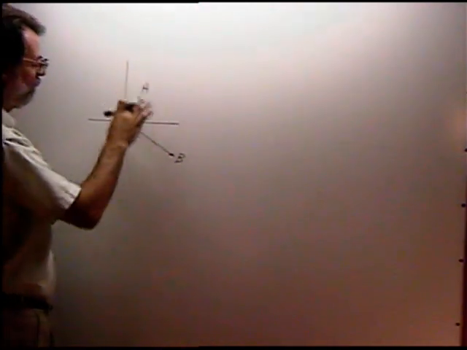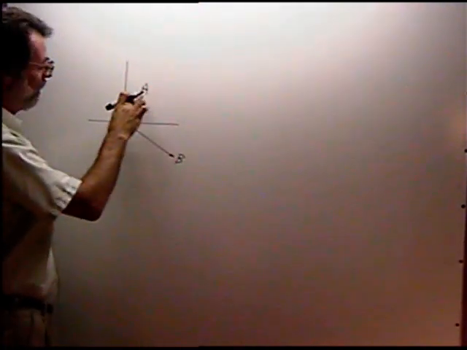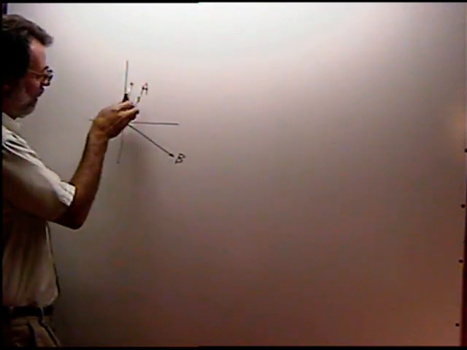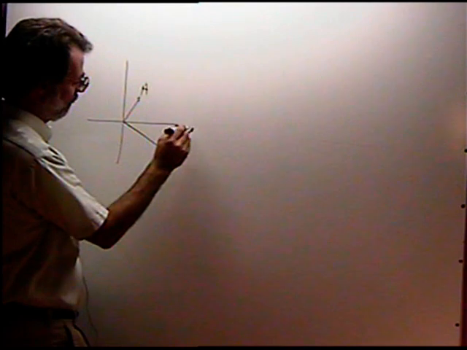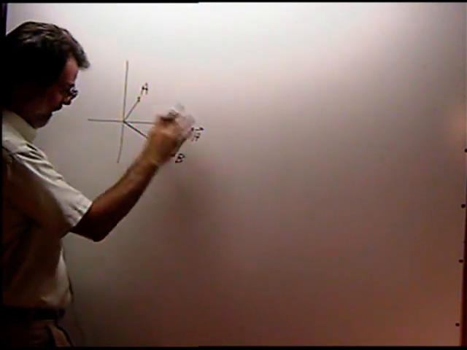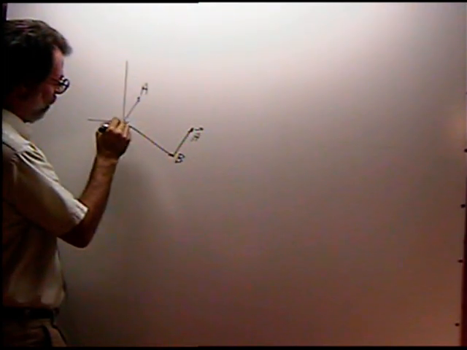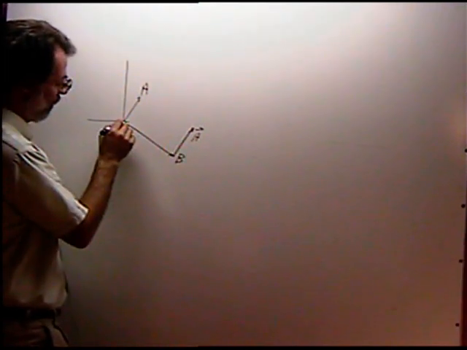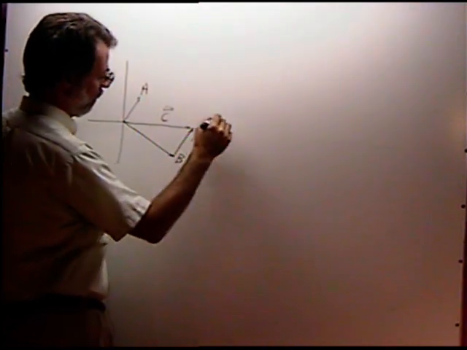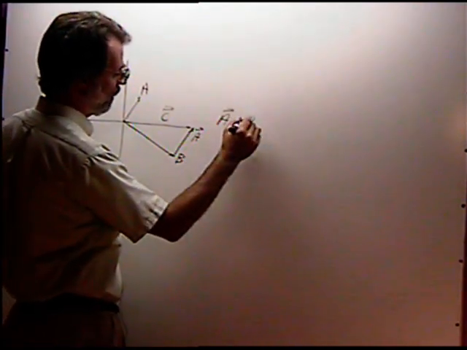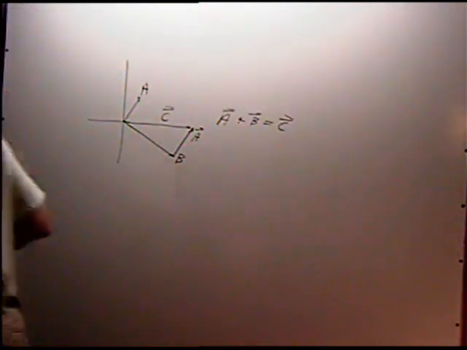We just take the one vector and we slide it. Doesn't matter which one we slide, so it's going to be easier for me. So I'm going to take this vector and slide it down here, and I'll do something like that. So that's the A vector just slid down, and then I draw an arrow from the tail of one to the head of the other, and that would be C. So A vector plus B vector equals C vector.